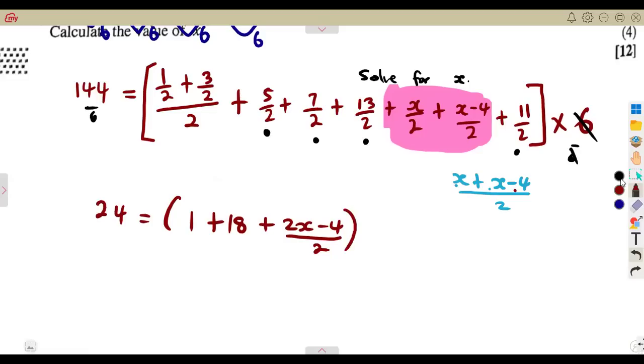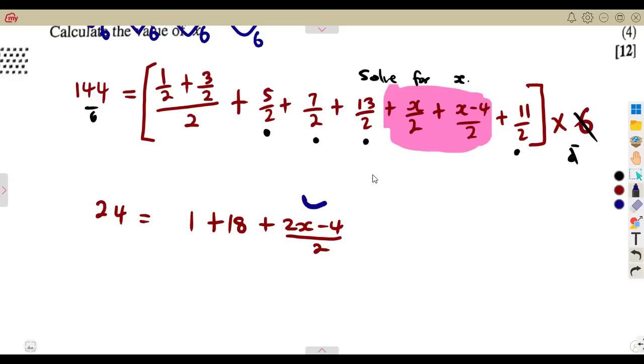Actually, there's no need for a bracket because we removed the 6 that was outside of the bracket. Remember, we divided it, so we no longer need the bracket. So this is what you're going to have. From these two terms that were being added, divided by 2, we get a 1. From these other remaining terms, we add them, we obtain 18.